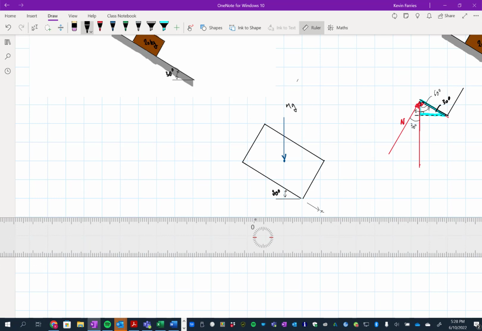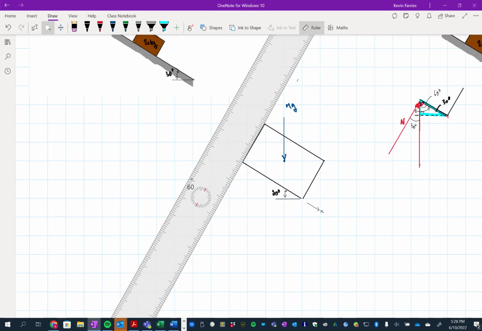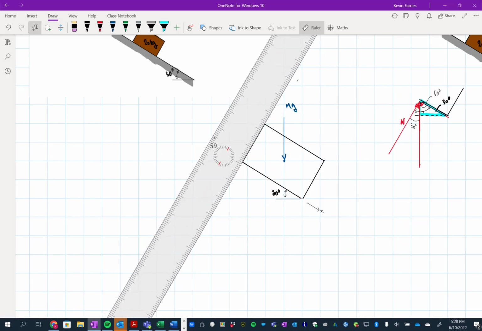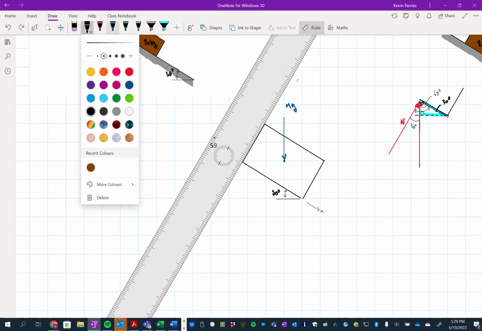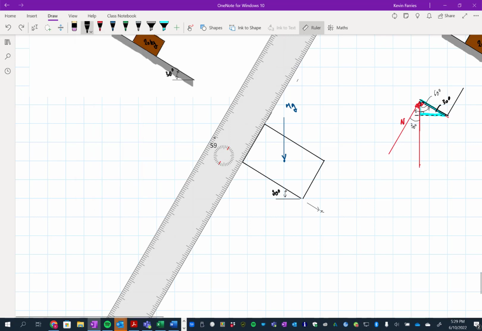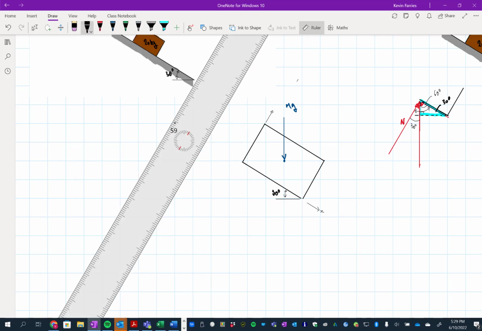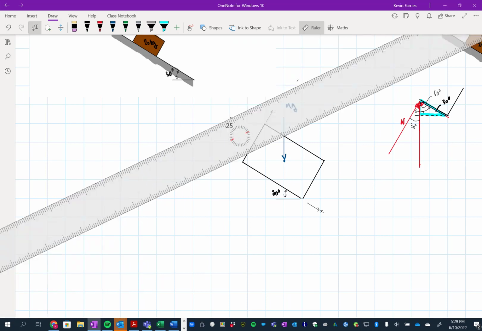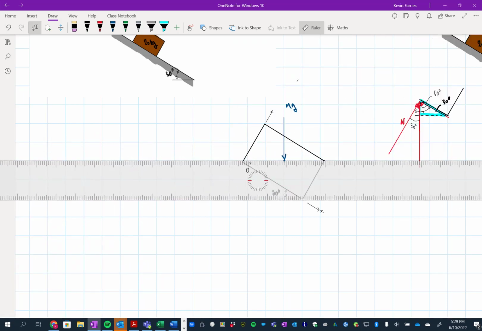And we've got y. We're going to put our y-axis normal to the surface. And after that, it's just the same as if it was horizontal. You just have to rotate your head around so you can see it at an angle. And so you're just finding components in each of these directions.